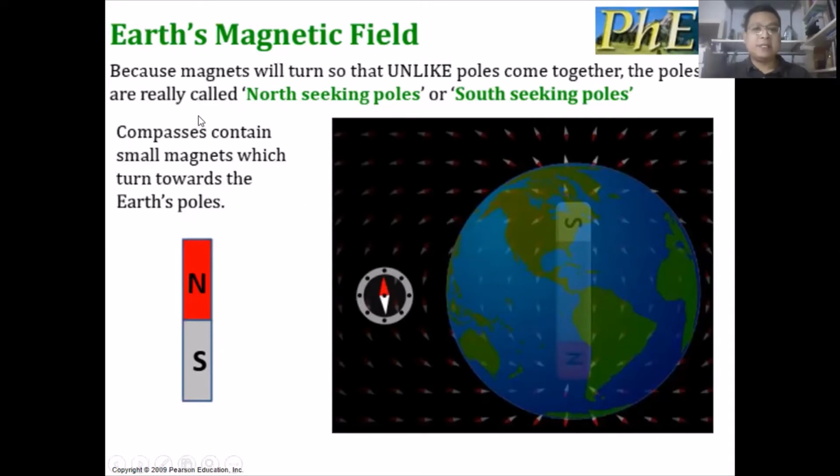If you look at the compass, it will show the direction from north to south, toward the north pole, because north and south attract each other.